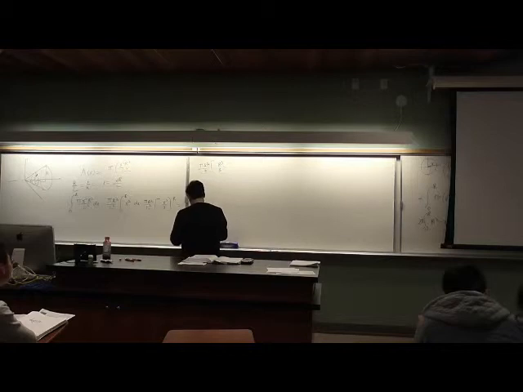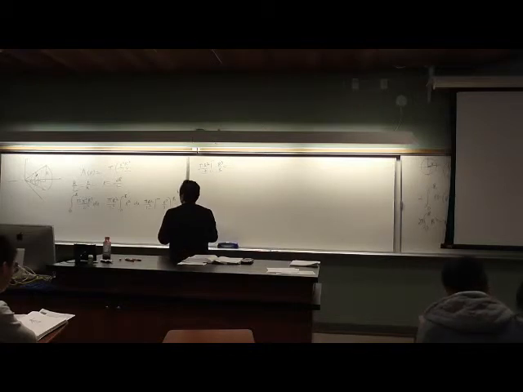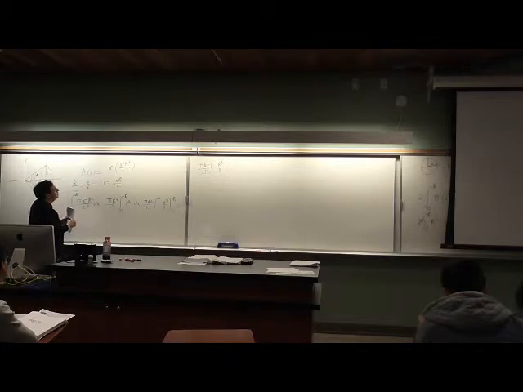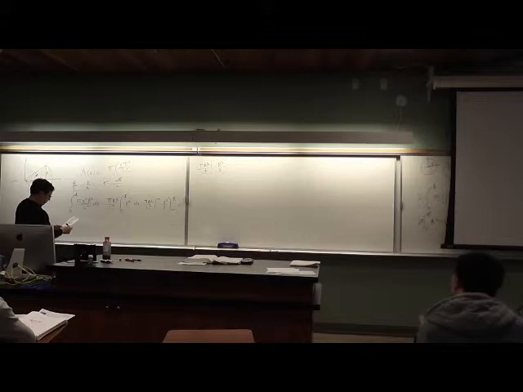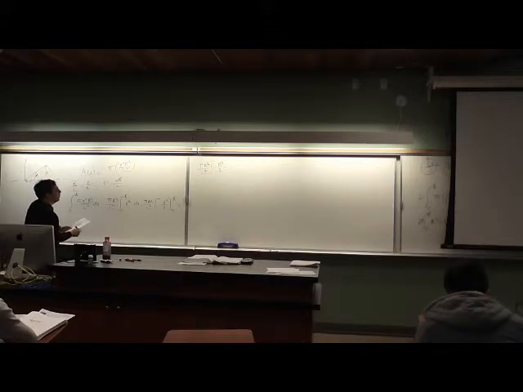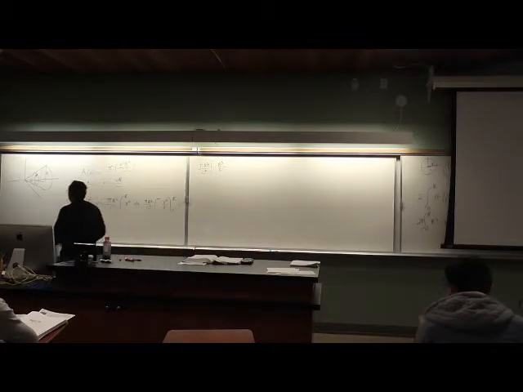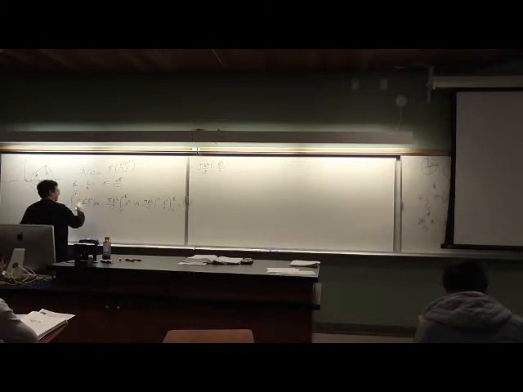This isn't turning out right. What did I do wrong? The upper limit. Oh, the upper limit. Sorry, the upper limit is not R. That's what it gets to. The upper limit is L. Thank you.